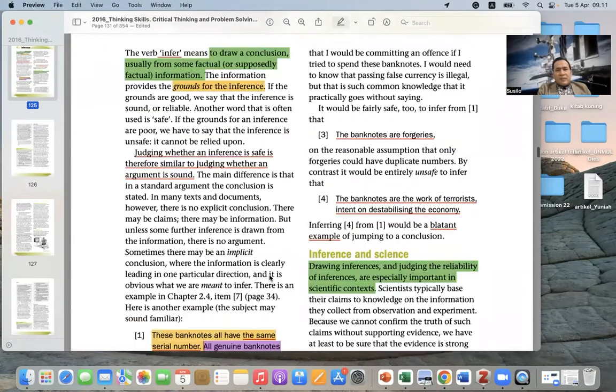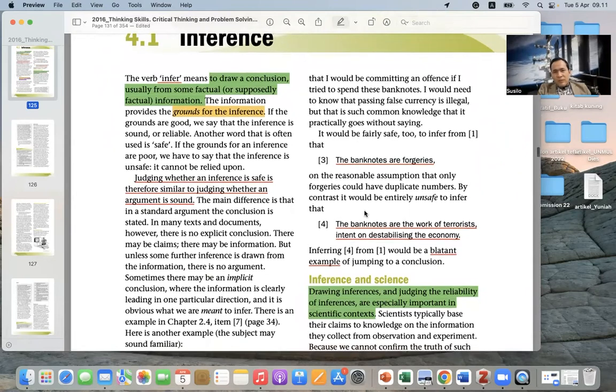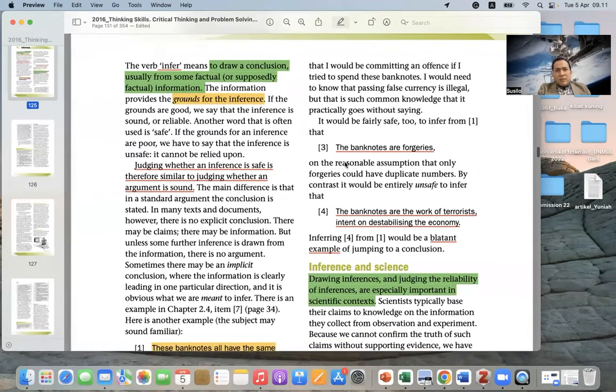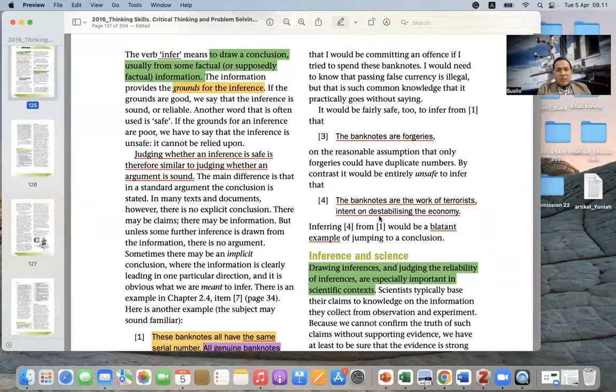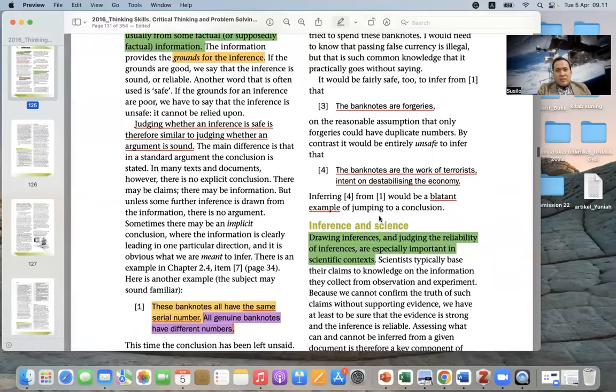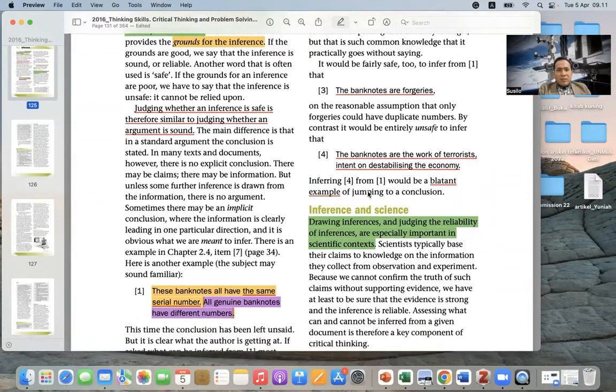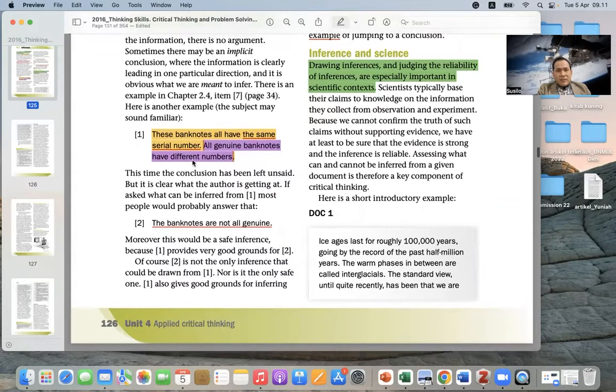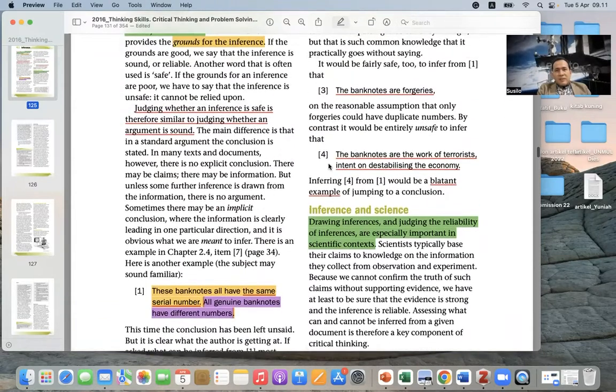So now let's go further to more examples. The banknotes are forgeries. So the banknotes are the work of terrorists intent on destabilizing the economy, and so on. So inferring 4 from 1 is a blatant example of jumping to conclusions.